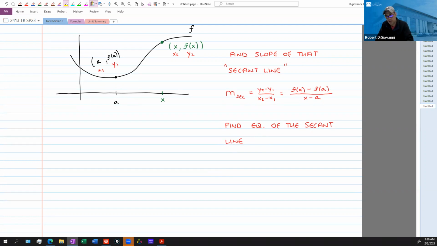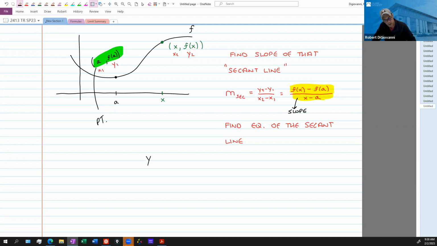Yeah, here's our slope in yellow. Do we have a point? We actually have two of them. I'm going to use this one right there. So this is my point, and over here, this is my slope. And then I'm going to use that formula.